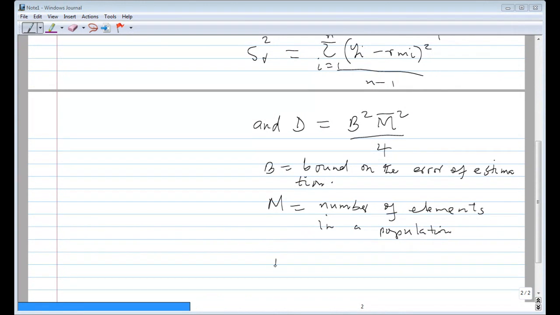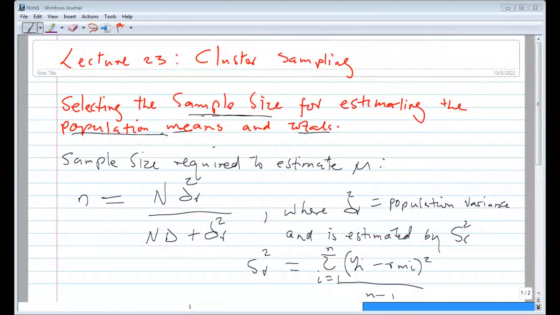Capital letter N is the number of clusters in a population. So this is how you select the sample size required to estimate the population mean.